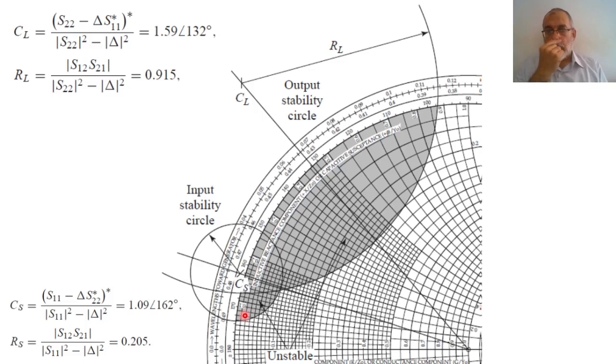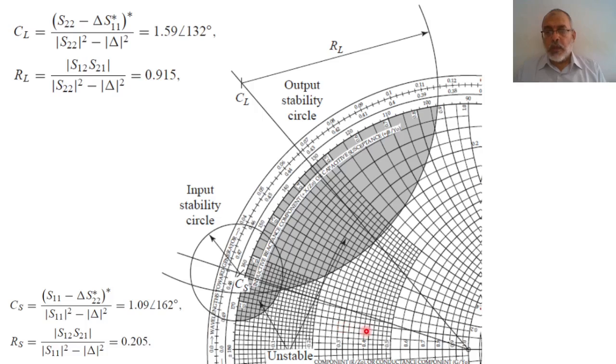Now, because the value of S22 is less than unity, gamma out, when Z source equals Z naught, or when gamma source is 0, would be S22.